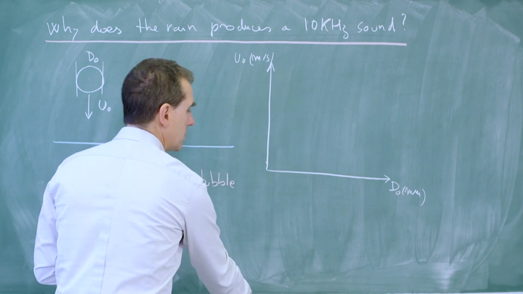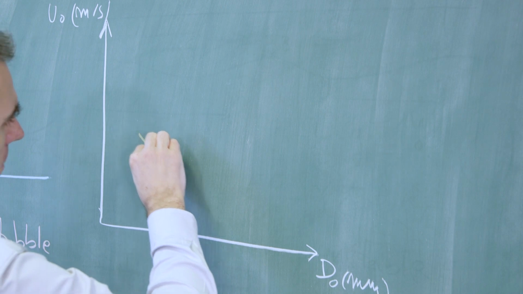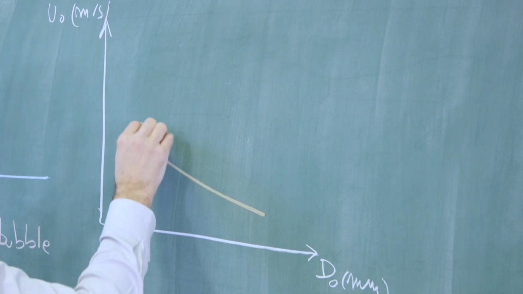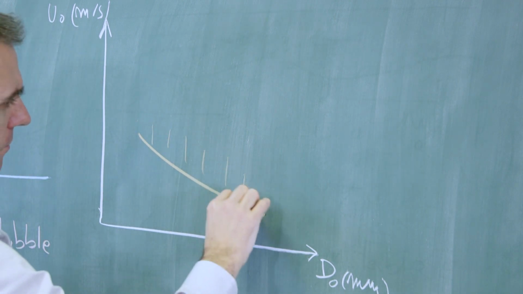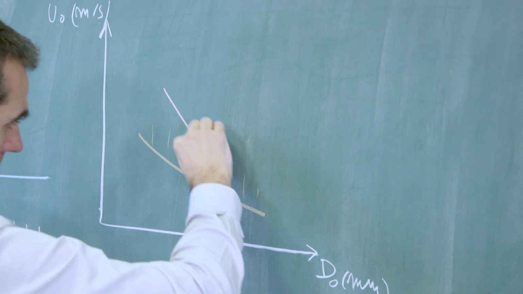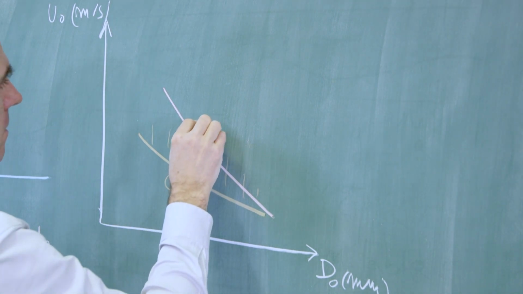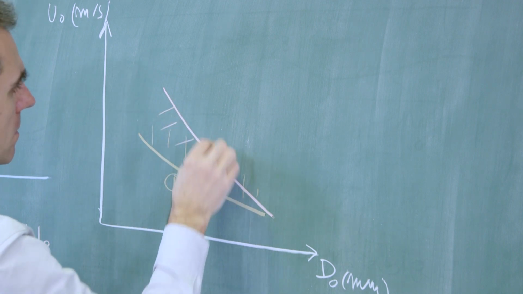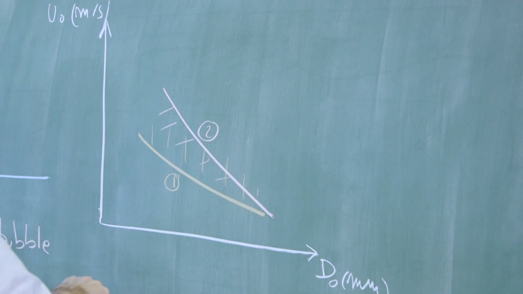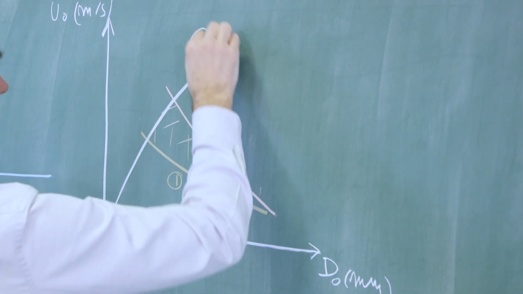And then what appears on this plot is that there are several regions. So the bubbles only appear above a first critical layer, which I will call 1, and below a second one. This second boundary, I will call 2. And there will be a final one there, which I will call 3.